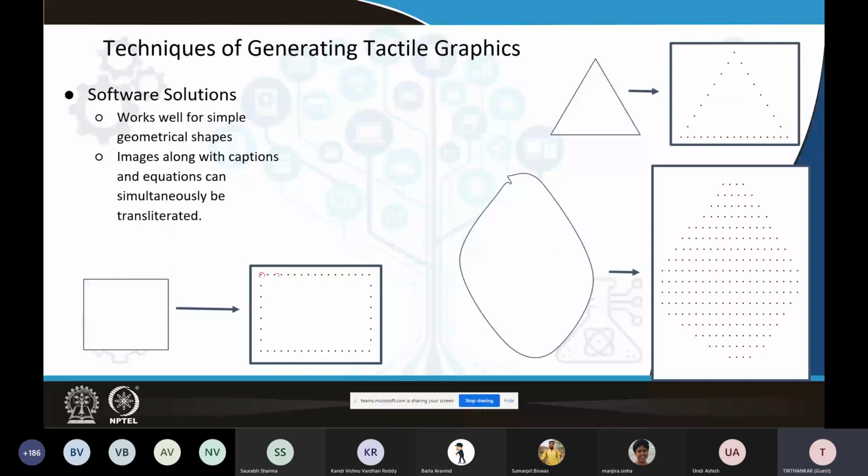So as I was mentioning, if the images are simple geometrical shapes, then you can have certain image processing algorithms and identify the image boundaries. After getting these image boundaries, you can identify the pixels and their positions, and you represent each pixel with a braille cell. Now, if you consider this particular line, there can be millions and millions of pixels, depending upon the size and resolution of the image.